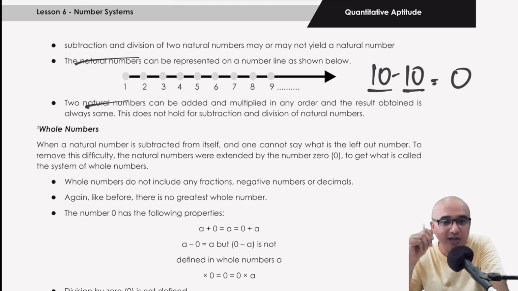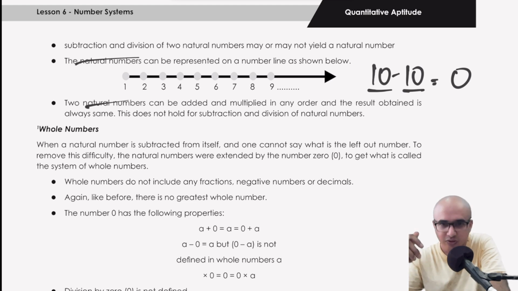Now 0 is not a natural number, but if we don't include 0, then it won't be complete also. So to address this challenge, what they thought was, let us do one thing. Let us keep natural numbers as it is and instead form a new category called the whole numbers, wherein we will include the 0. So that means what? Apart from this inclusion of 0, whole numbers are nothing but the natural numbers only.